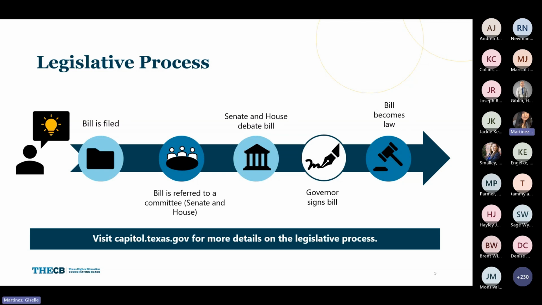After a bill is filed during the legislative session, which occurs every 2 years, it is referred to a committee in the chamber in which it was introduced. So if a House bill was filed in the House, it is referred to a House committee. And a Senate bill is reviewed by a Senate committee.